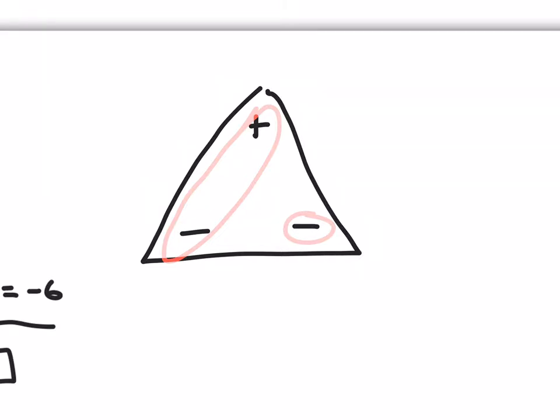If you take a positive number times a negative number, you get a negative. And lastly, if you take 2 negative numbers and multiply them together, you get a positive.